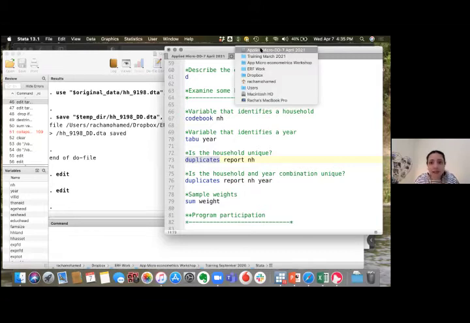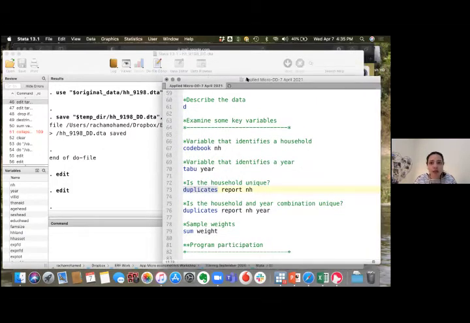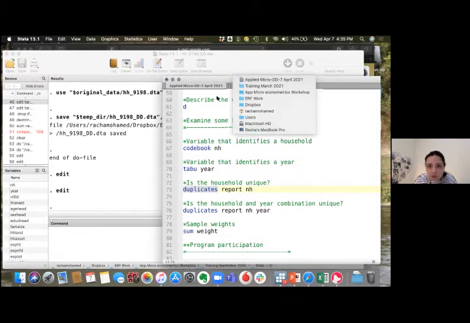I'm telling STATA to show me if there are any duplicates in the data based on the identifier NH. I am only using the identifier of the household. We'll see what the results will be if I use the identifier of the household in addition to year.